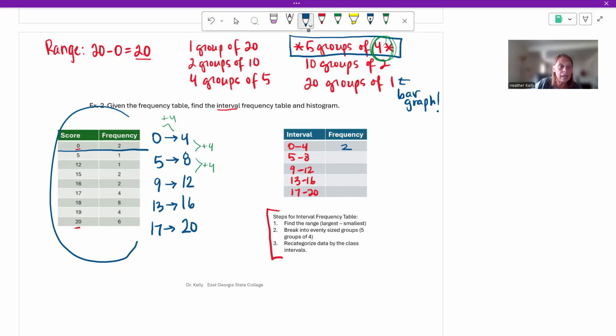From 5 to 8, that's only going to be this guy, which is 1. But check it out. From 9 to 12, still only 1. 13 to 16 is going to be both of these here, which is 4. And 17 through 20 is the rest of these, which is 10, and 12 makes 22. So there is our frequency table.